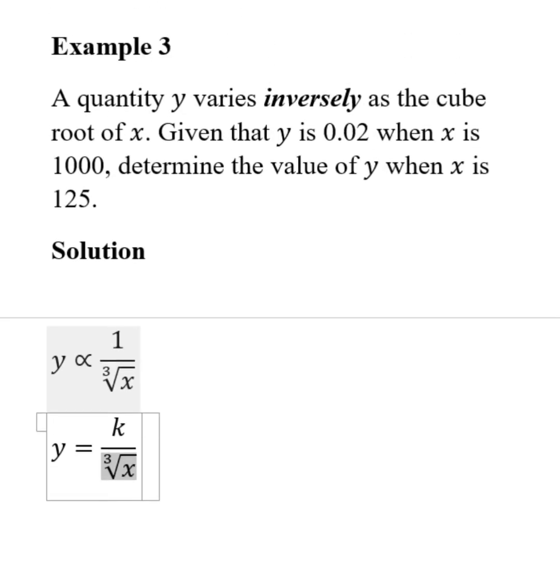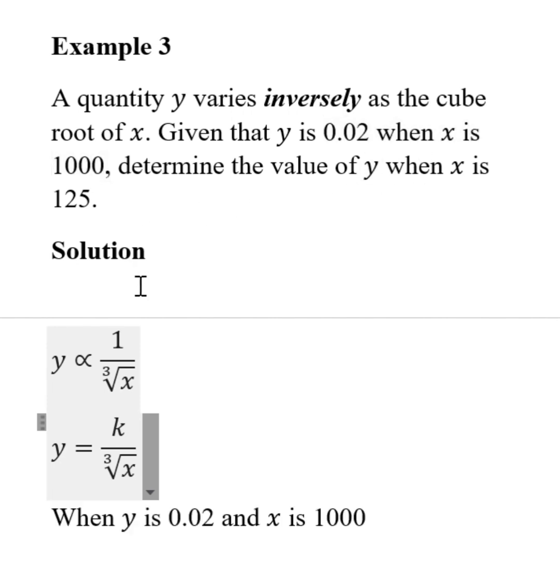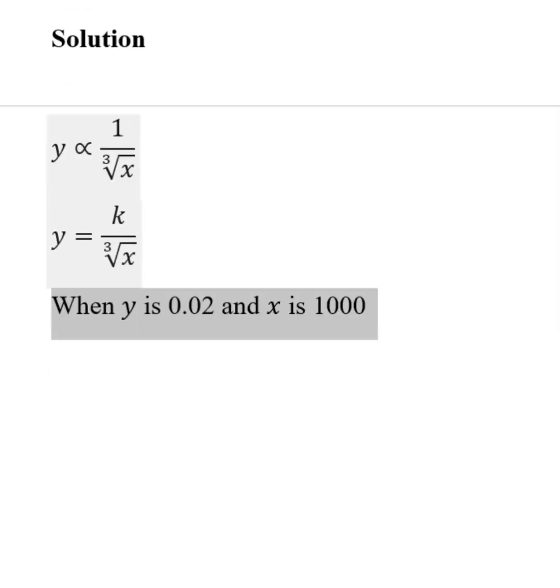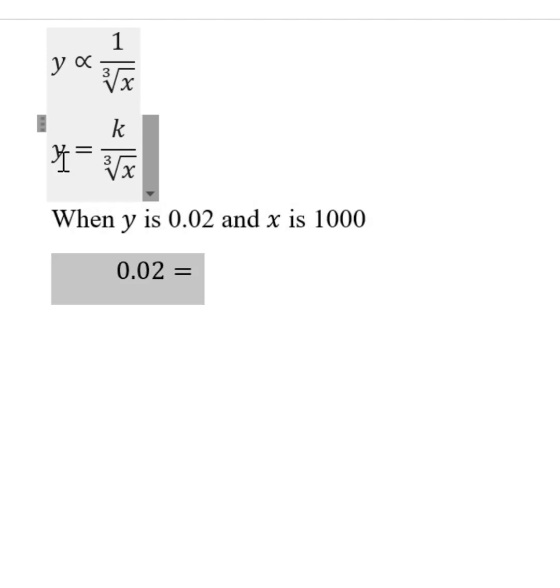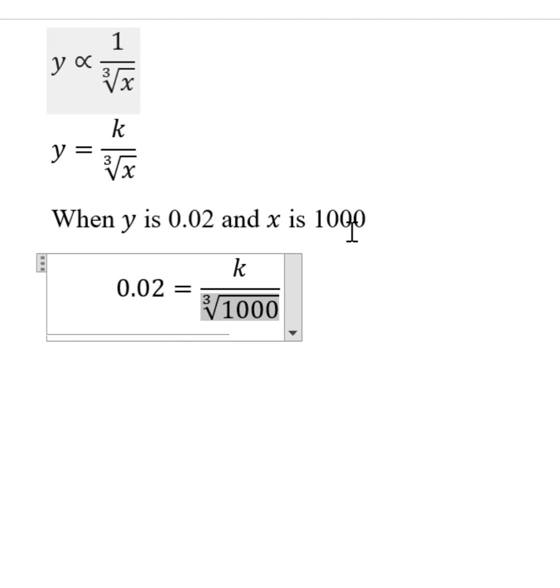Now, having done that, we use this part here. We are told y is 0.02 when x is 1000. So when y is 0.02 and x is 1000, we substitute these here to help us get k. So we shall have 0.02 is equal to k over cube root of 1000. Because our x is 1000, and we are supposed to use the cube root of x.